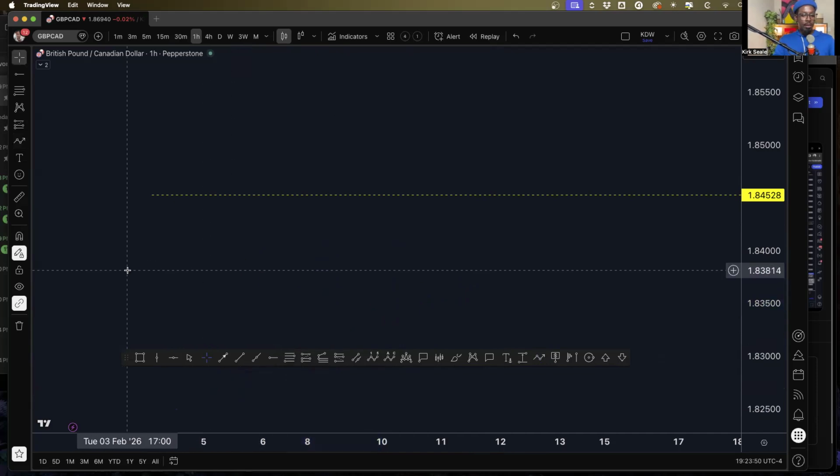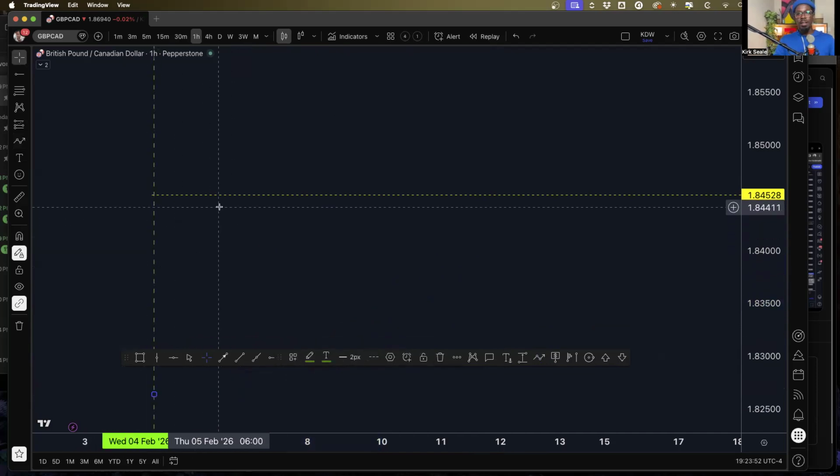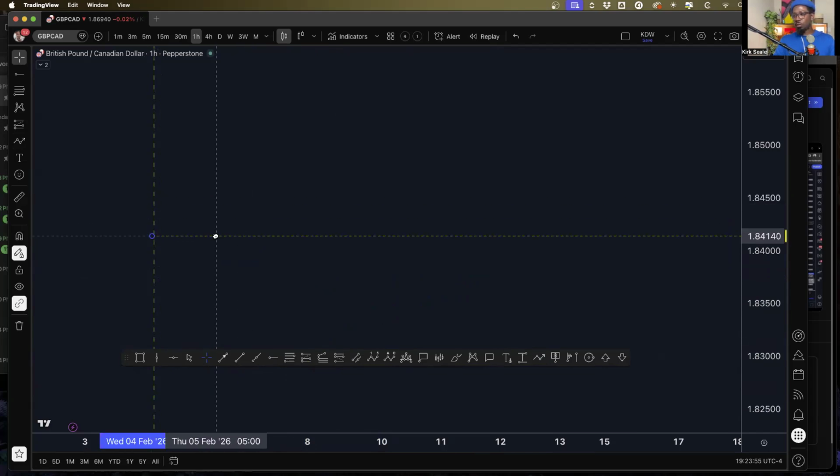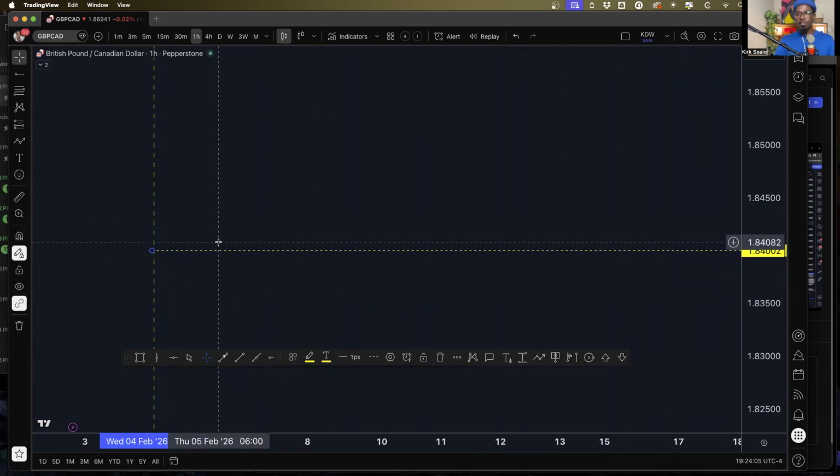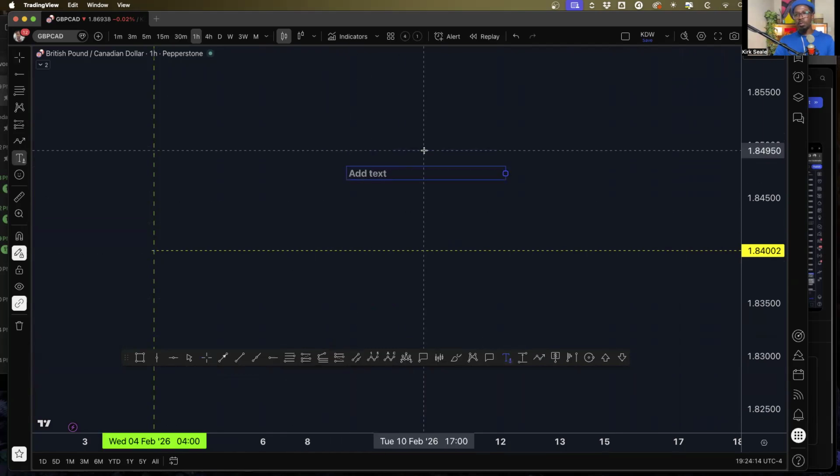Now, when I mention pips, let me get a nice round number. All right, let's imagine that this was at 1.840000. If price started there and went up by 1 pip for this currency, that would be 1.8401.